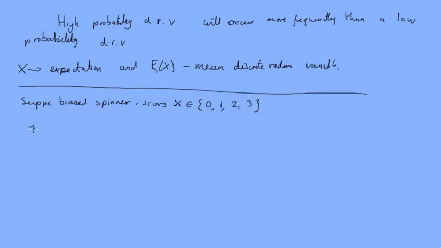So we have our x, and we have the probability of x taking some value. So it can either be 0.1, 0.3, 0.4 or 0.2. And we can draw a graph to show this.